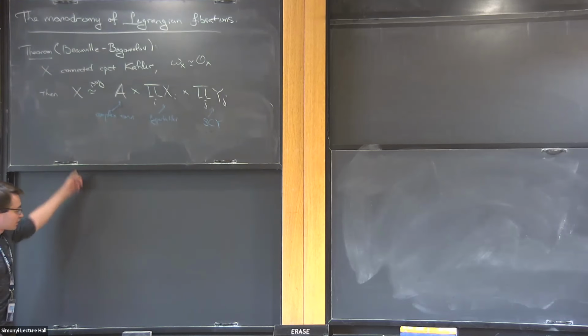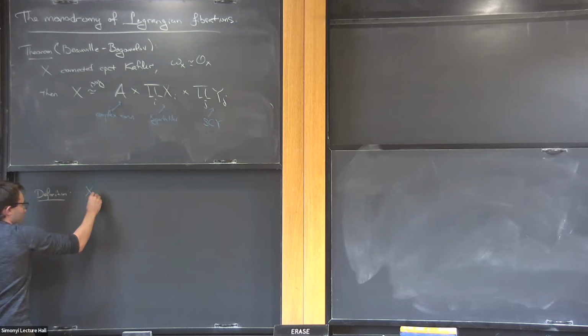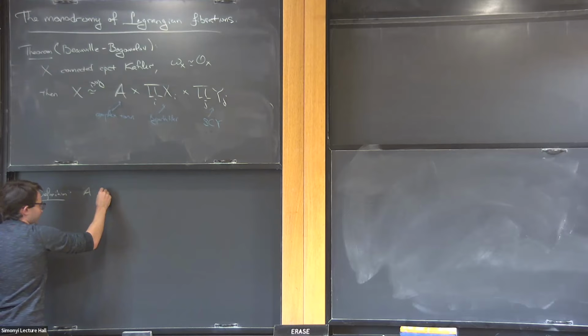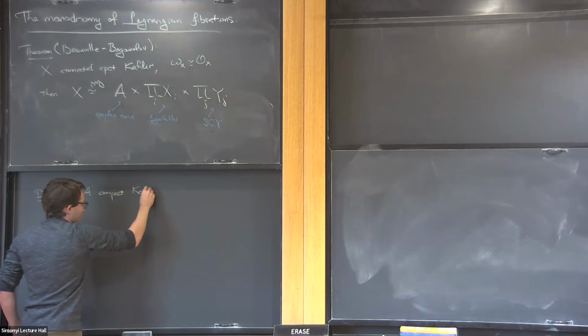There are ways in which we can get at these. So let's define them. Again, X is a connected, compact Kähler manifold.